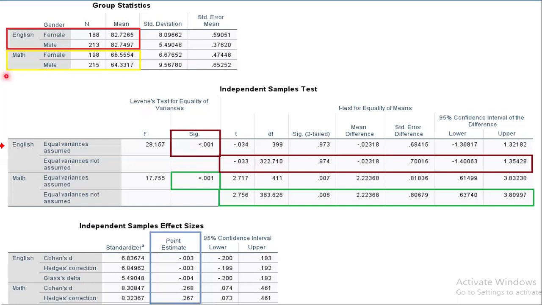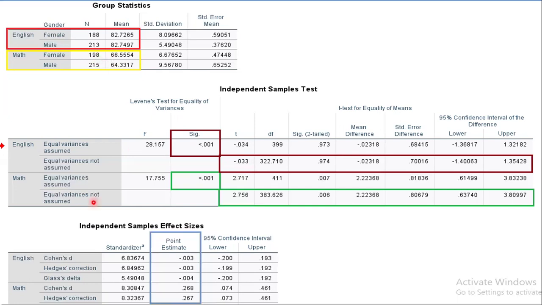But in case of mathematics subject, you can see that the t value in the second row is greater than 1.96, and the two-tail sig value in case of math subject is less than 0.05. So we can say that in case of mathematics, there is a significant difference between the average mean score of male and female.